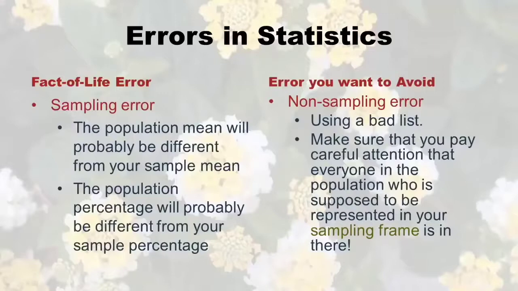So you have to pay careful attention. This was actually a mistake I made. You have to pay careful attention that everyone in the population who is supposed to be represented in your sampling frame is actually there. I should have done a better job of calling the professional society and making sure this list was a good list.